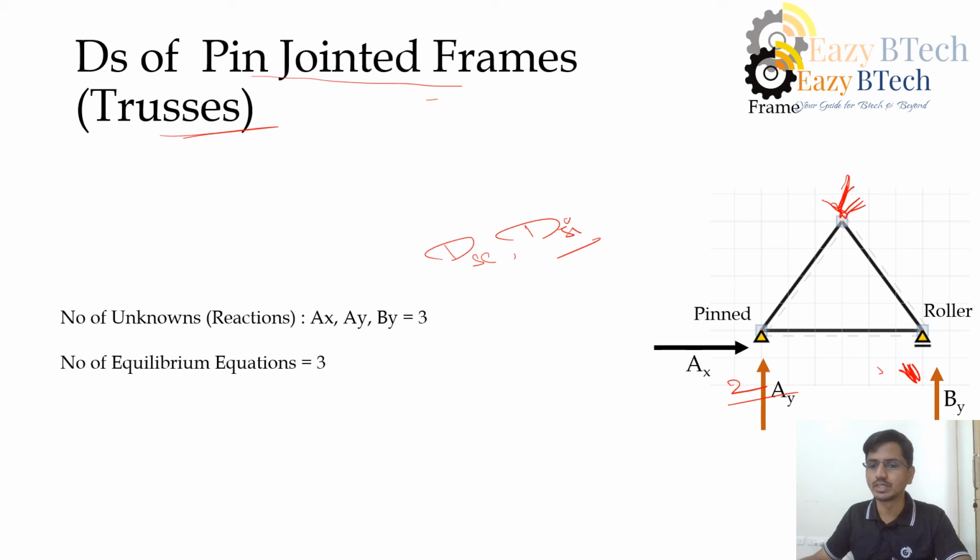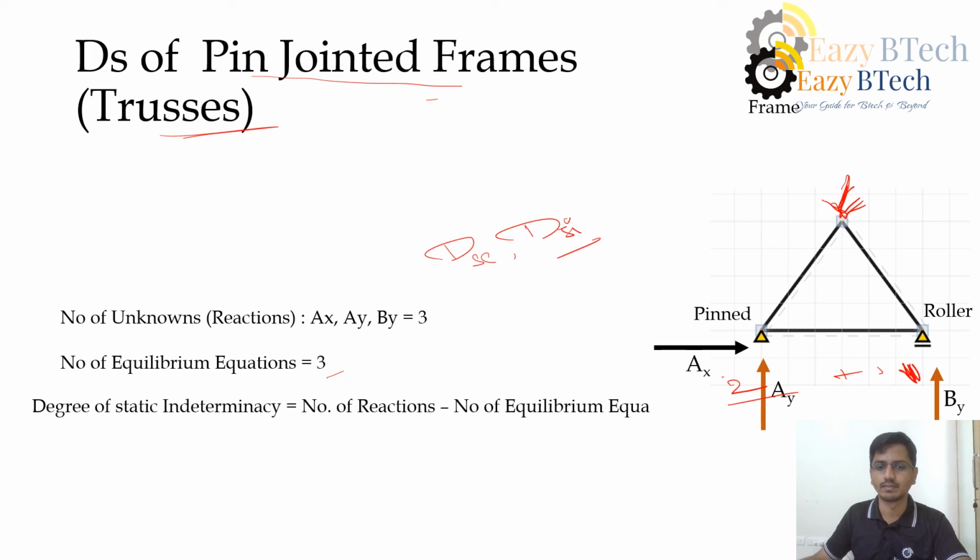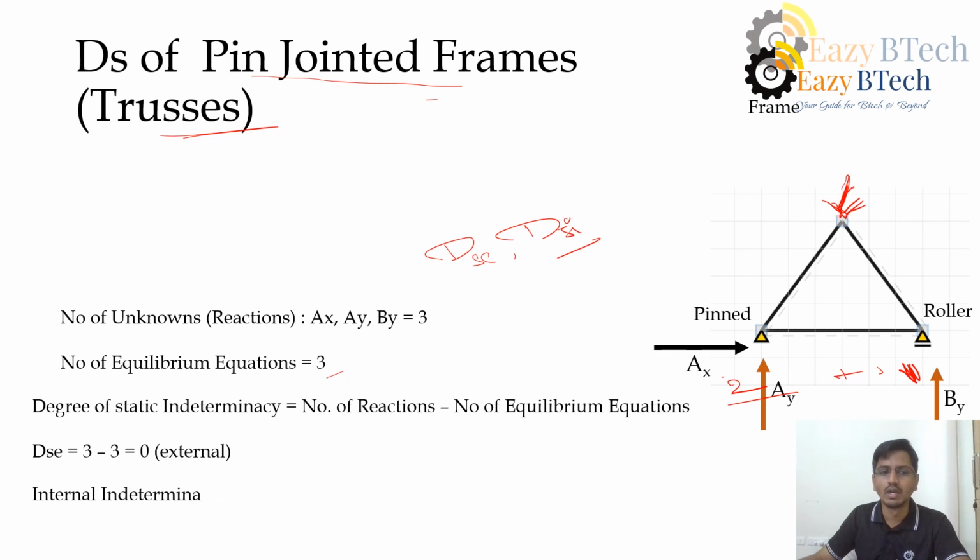First let us see the external indeterminacy. How many reactions do I have? 2 plus 1, 3. The number of equilibrium equations is 3. So externally it is a determinate truss, and no additional equations are required to find the reactions.